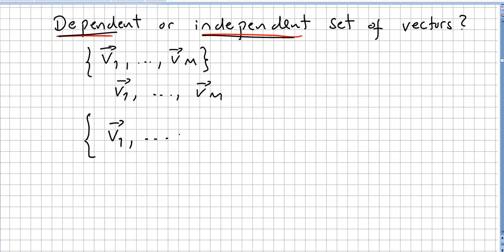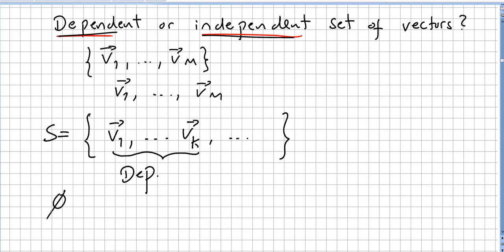If they are infinite, but you have a subset of dependent vectors, so let us say v1, v2 till vk are dependent, so an infinite set has a subset of dependent vectors, well, we say that S, let's call this S, is linearly dependent too. So that goes for infinite sets.